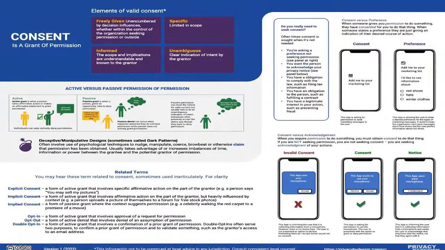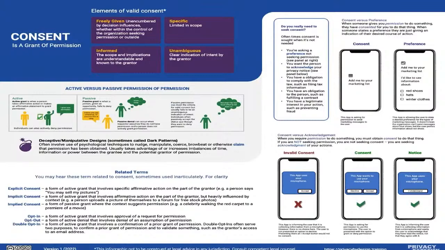Consent: explicit consent, implicit consent, and implied consent. Explicit consent is when a user takes an affirmative action. Implicit consent is like, for example, when you came into the session, you gave your personal details. It is a sort of implied consent, and implicit consent is also very close to it.